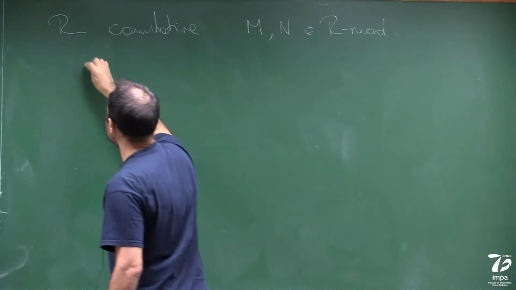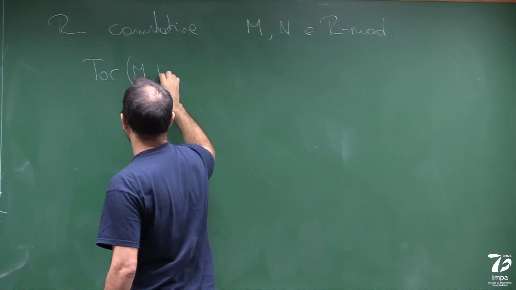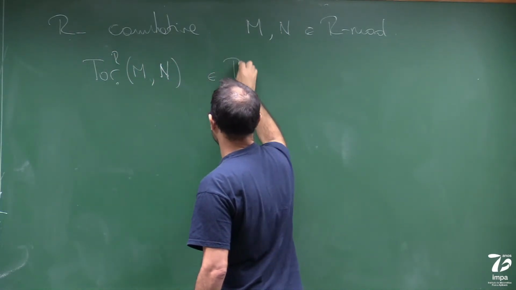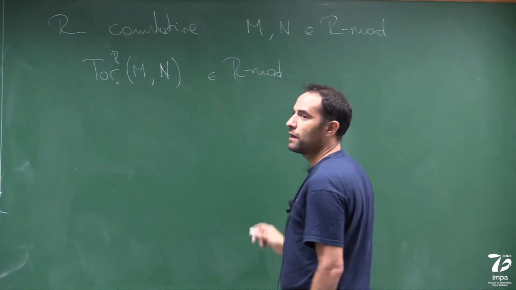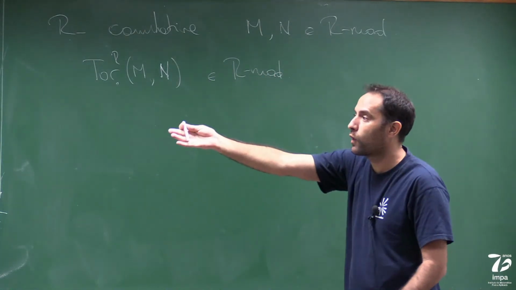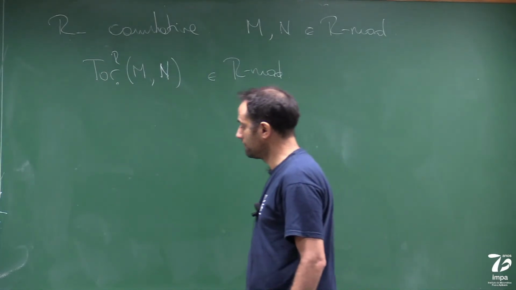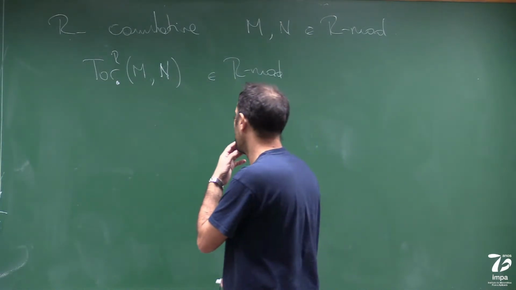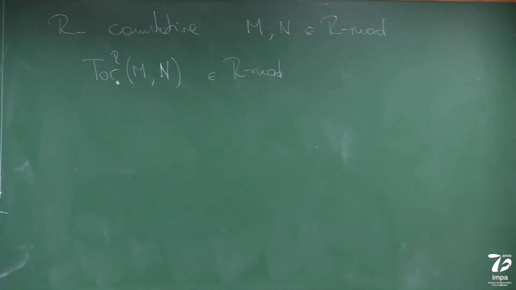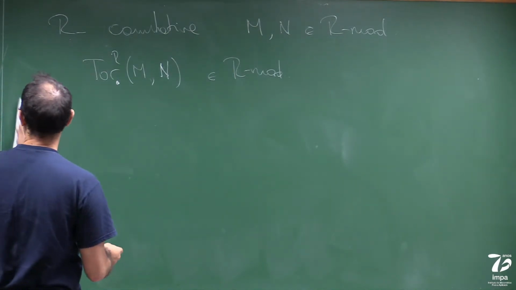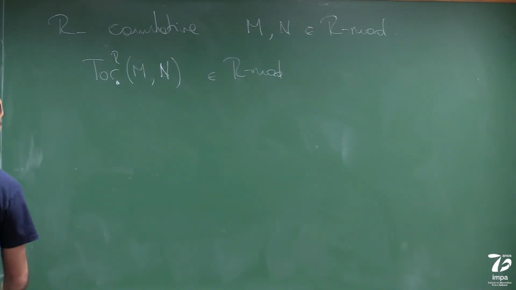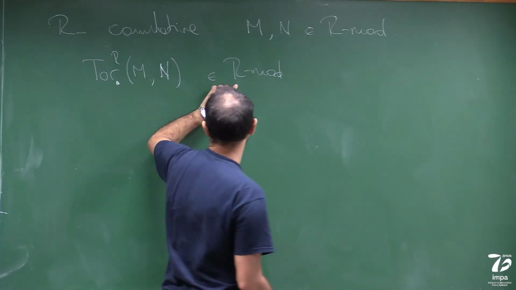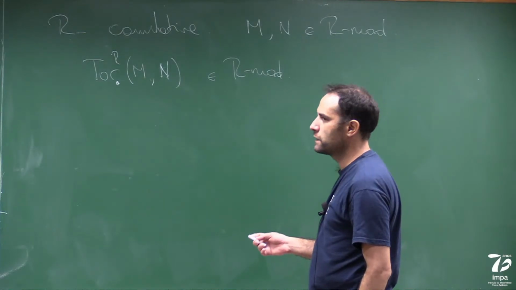So what we know is that Tor of M and N over R is an R module. And by being an R module, I can localize it to, well, any localization of R. And I want to study that localization. Okay, so the first thing to notice is that this structure of R module here is given as follows.